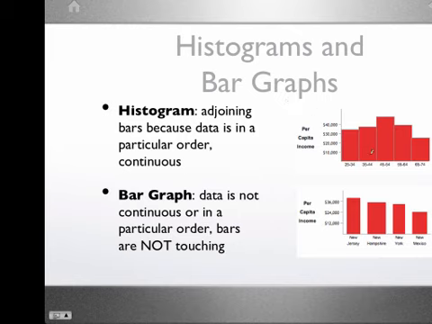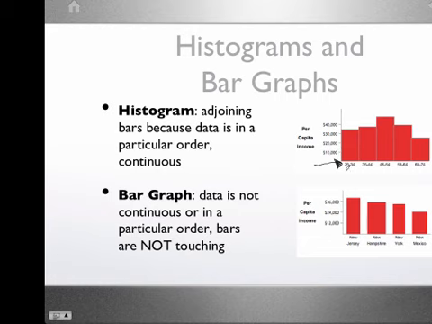Okay, now, if you look at these 2 examples, this is a histogram, this is a bar graph. Notice they don't look the same. Well, there's a real important reason why they don't look the same, and it has to do with this right here. If you notice, my scale down here on my horizontal axis is continuous.